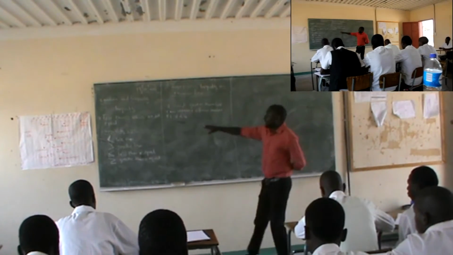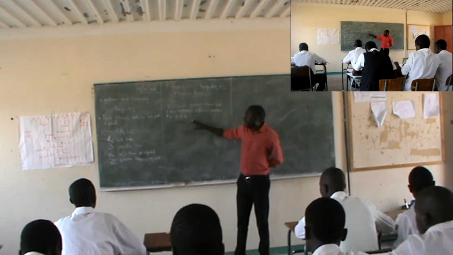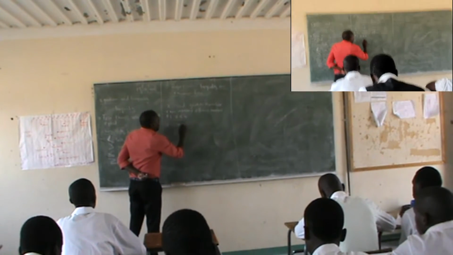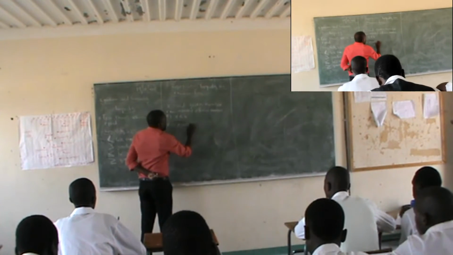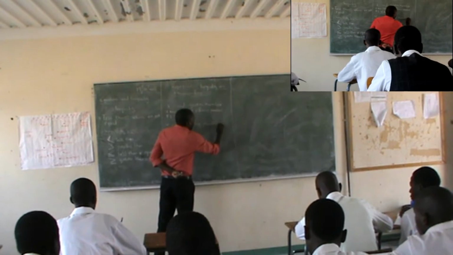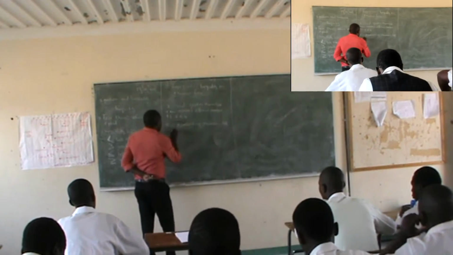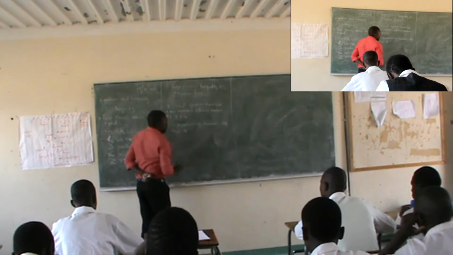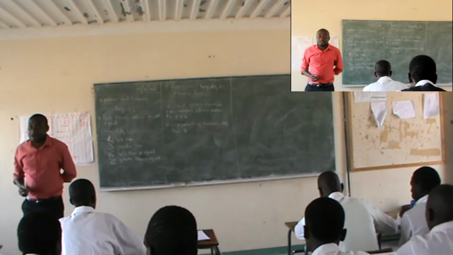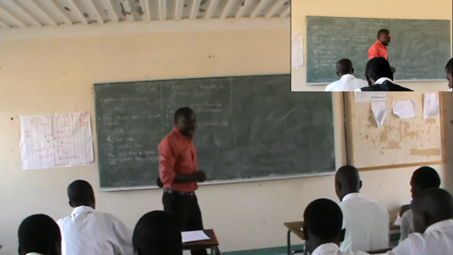We are comparing now the value of x and the number 4. Now it means x is representing numbers less than what? 4. Any number less than 4 is being represented by x.